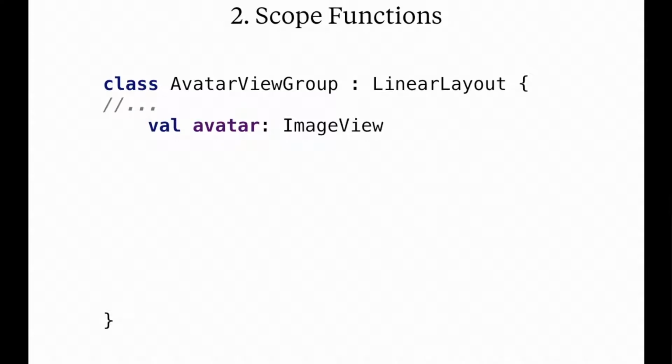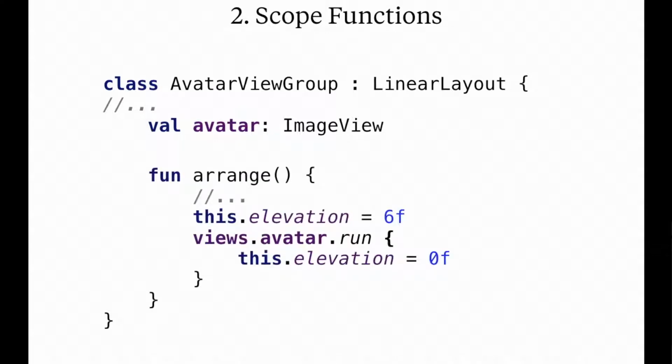Doesn't really matter, but down the class file, maybe you have an arrange method that's placing these or configuring how they appear. Right, so again, I have this run method, and it's called on the avatar, and it's setting the elevation. But just outside the scope, there's also a similar this.elevation. That's because the view group has an elevation, and so does the avatar, and you just want to make it clear which you're calling and in what context.